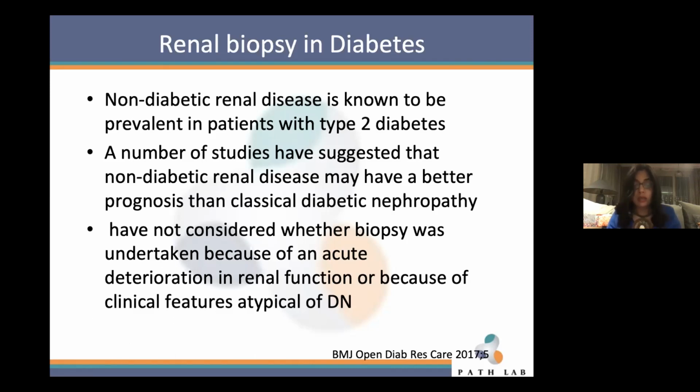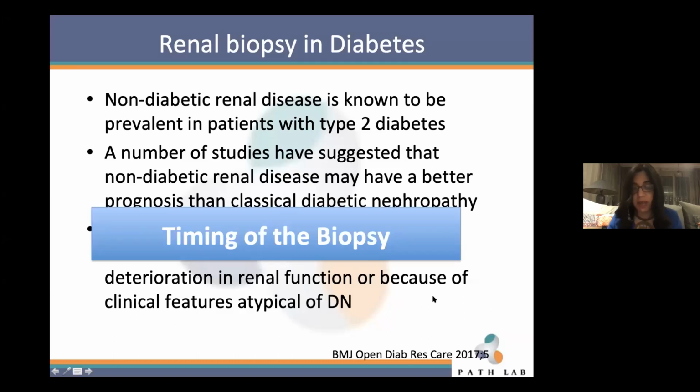However, these studies have not considered whether the biopsy was undertaken because of an acute deterioration in renal function or because of clinical features which were atypical of diabetic nephropathy, meaning that the indication of the biopsy would make a difference if you want to evaluate whether patients with non-diabetic renal disease have a better prognosis or not.